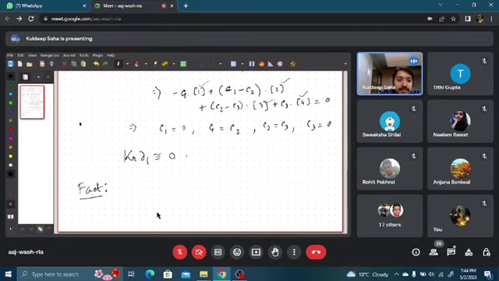For example, see, this object and these objects are homeomorphic, right? I can write an explicit homeomorphism from here to here, and then I can compose, or I can directly write it.